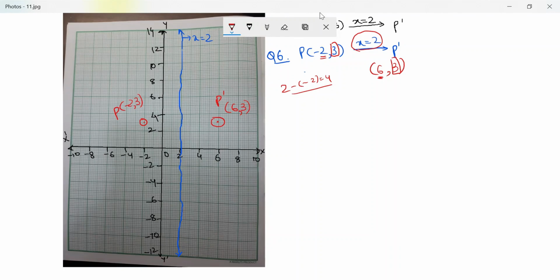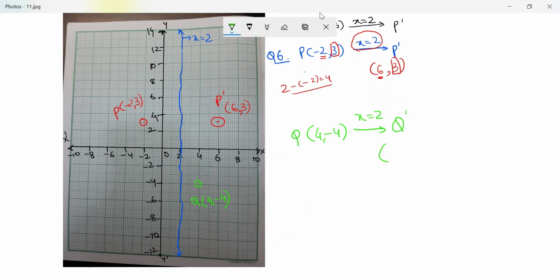Let's look at one more point. Not a part of your question, but let's look at one more point. So let's say I have a point which is 4, negative 4. Let's name this point Q. 4, negative 4. Where would this point be reflected when I'm reflecting it on the line x is equal to 2? The coordinate will be, what I get is Q dash.